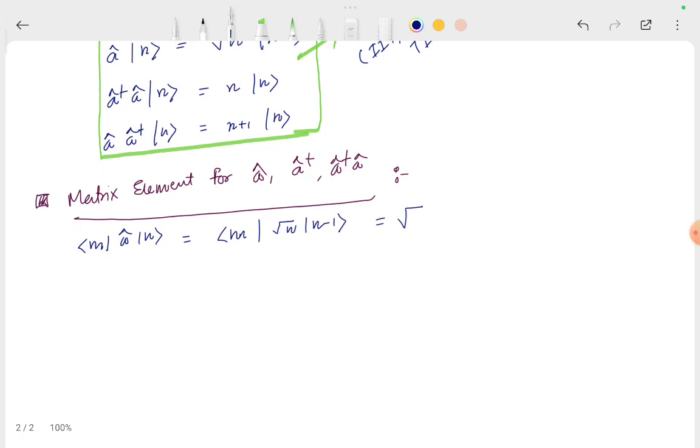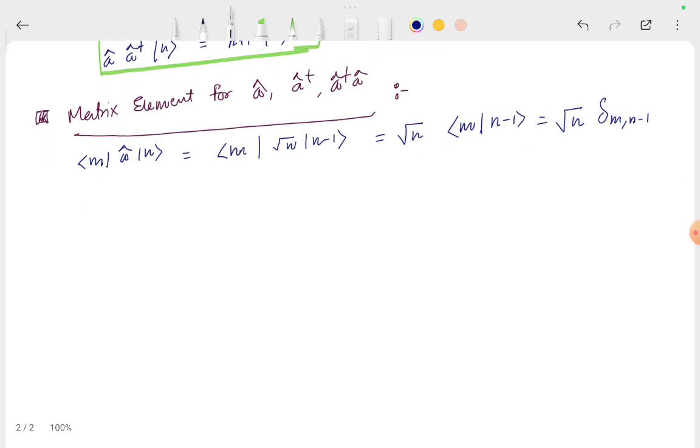So it is equals to root n <m|n minus 1>, and it is equals to root n Kronecker delta m, n minus 1. This is the matrix element for a, and we also find the matrix element of a dagger.